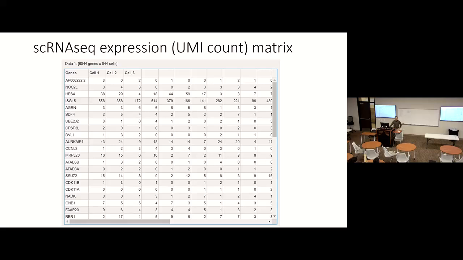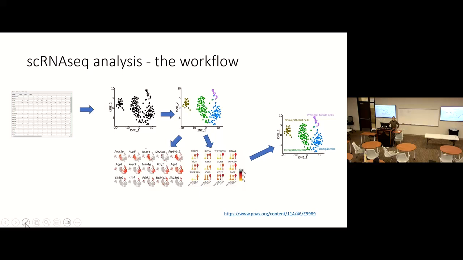And the big picture is we are dealing with single cell data, so-called high dimensional data. If you consider each cell as a sample, we are going to describe the properties of each individual cell using the information of gene expression. There are many, many genes expressed in individual cells, so this is a high dimensional problem. In this case, we have this table. For example, there are 4,044 genes.